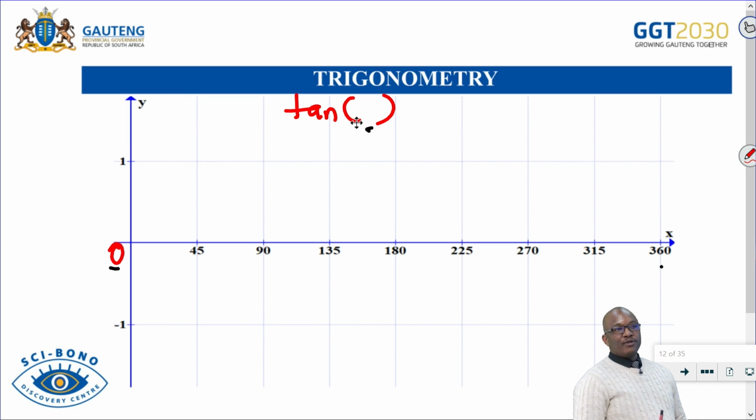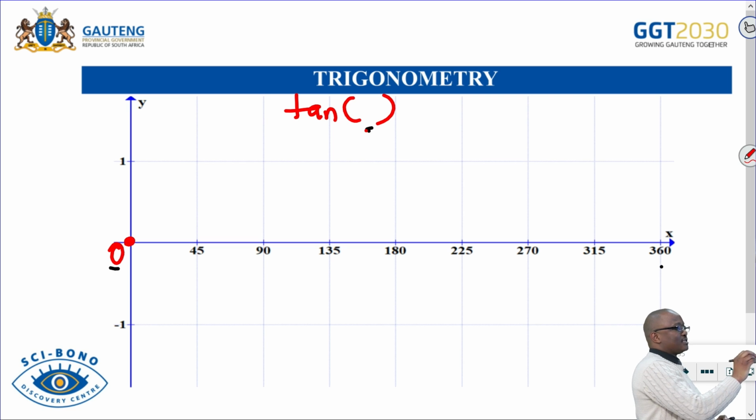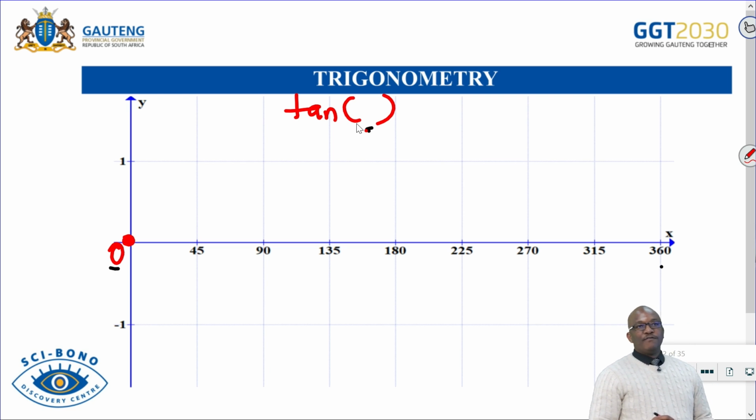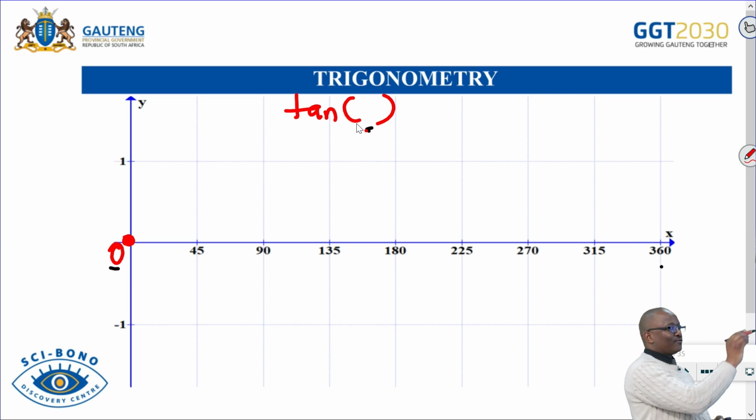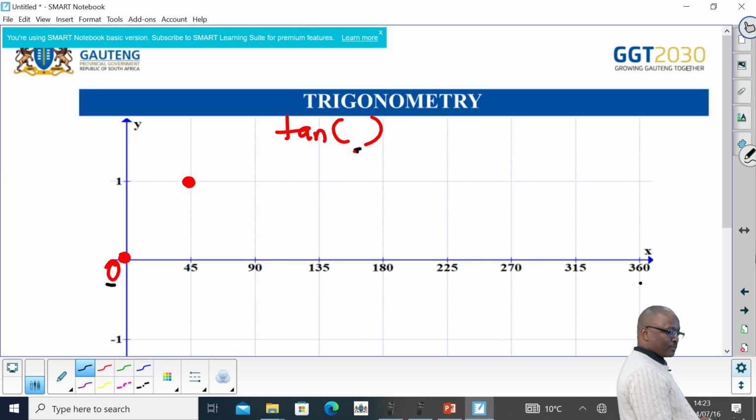When you substitute 0 into tan, you're going to get 0. Then if you say tan 45, you know that tan 45 is equal to 1. Then you say tan 90. When you're saying tan 90, it will show an error on your calculator.